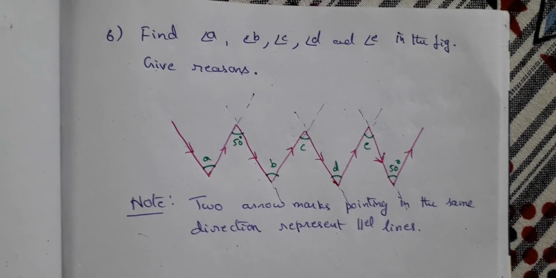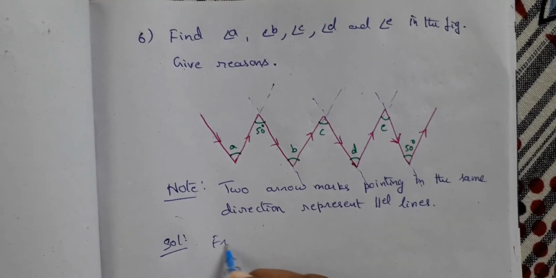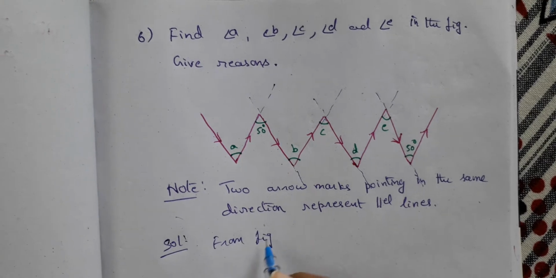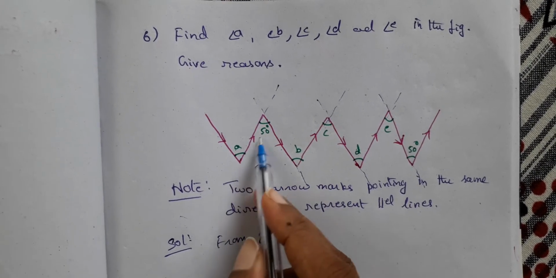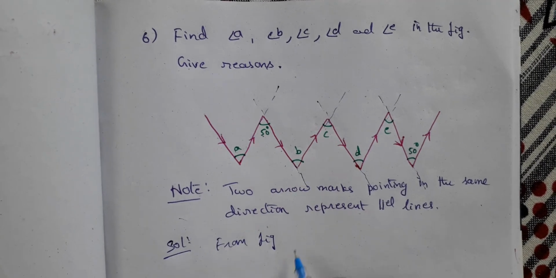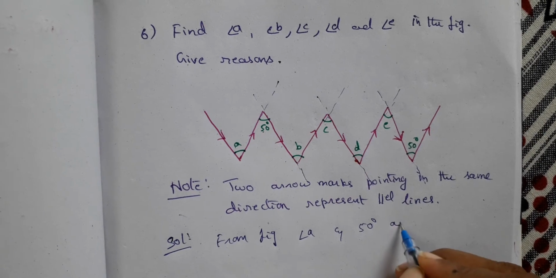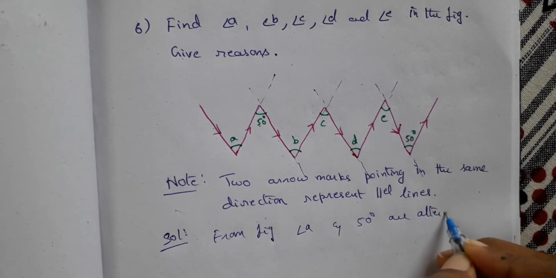So solution. So from figure, right, angle A and 50 are alternate angles, is it not? Angle A and 50 degrees are alternate.